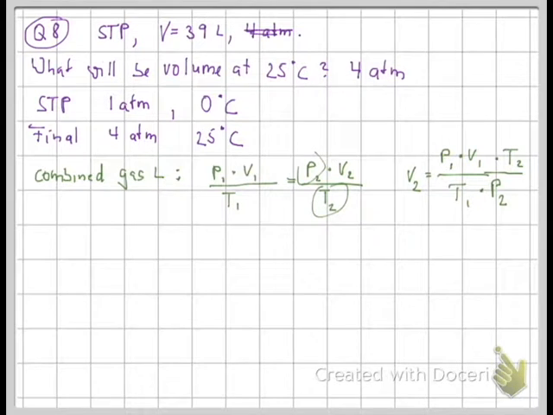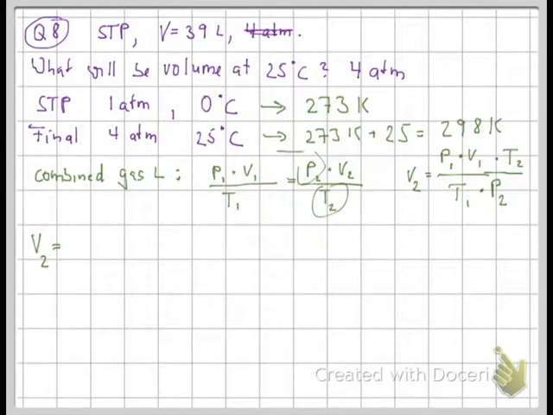So plug this in, V2 final volume equals. And one more thing. Again, as we're dealing with temperatures, that needs to be in Kelvin. So this one is 273 Kelvin, and this one is 273 Kelvin plus 25 equals 298 kelvins.